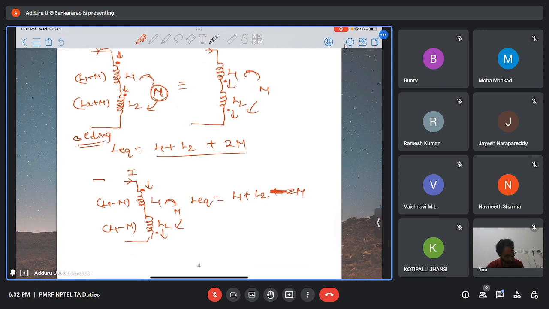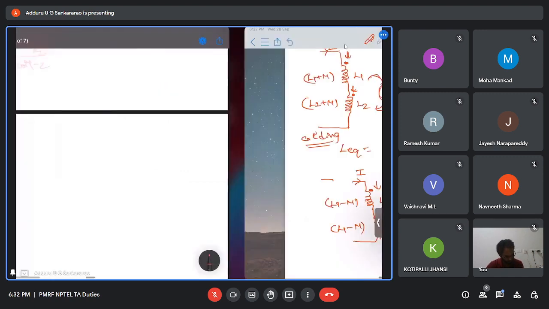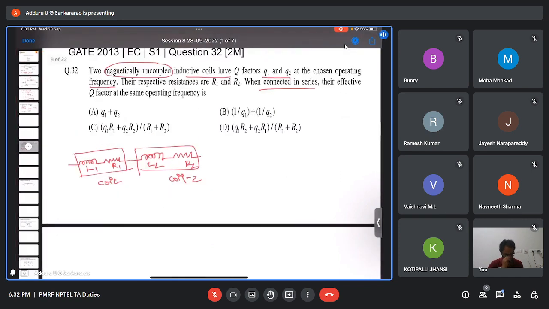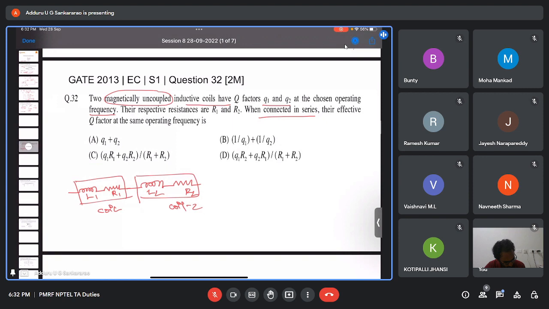Here it is like subtracting. While coming to our problem, it is clearly said magnetically uncoupled. That means the mutual inductance is not present between the coils.